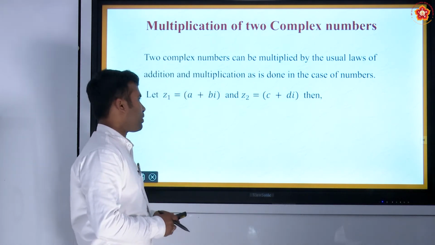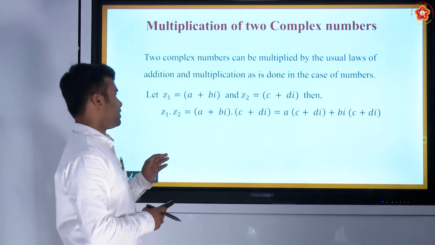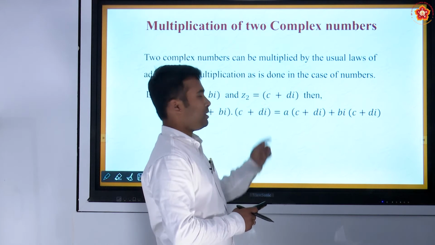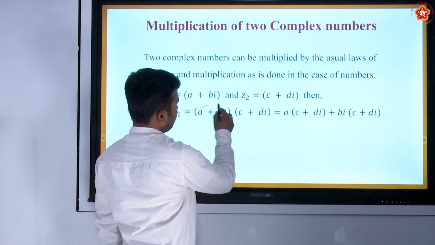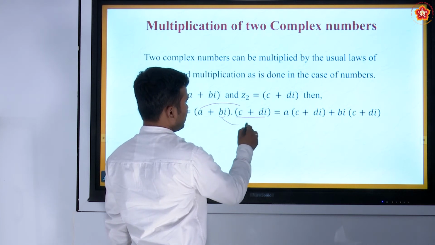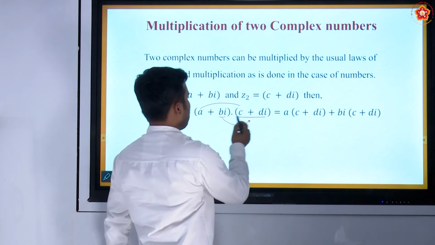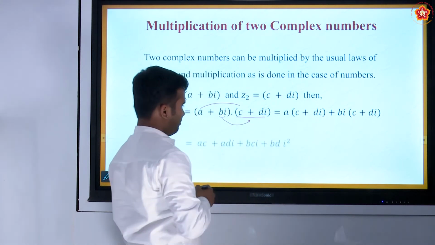We have to find its product z1 z2. z1 z2 is equal to a plus bi into c plus di. Now we should multiply this term with this one as well as this bi with this one. So that is how a into c plus di plus bi into c plus di.